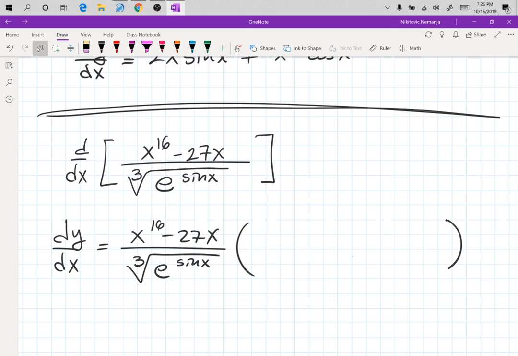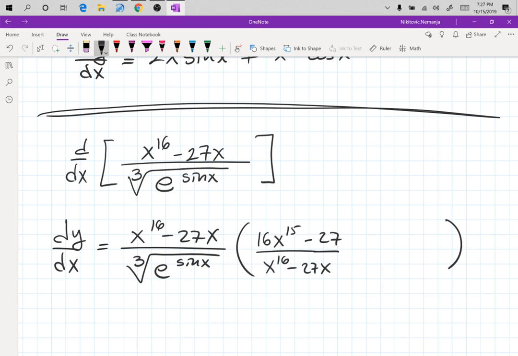All right, so the top is going to be ln of the top, which means you will copy it as is, x to the 16 minus 27x, and you put its derivative on top. Derivative of this is 16x to the 15 minus 27, and you are done with that one.